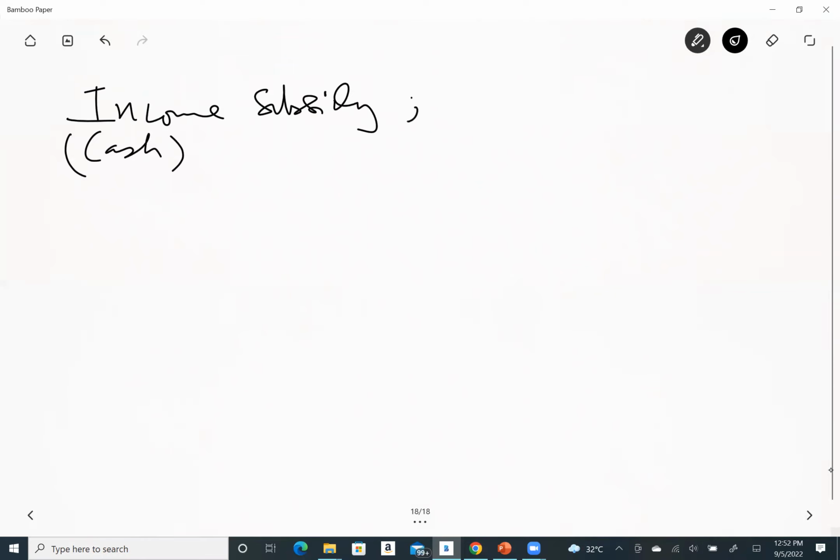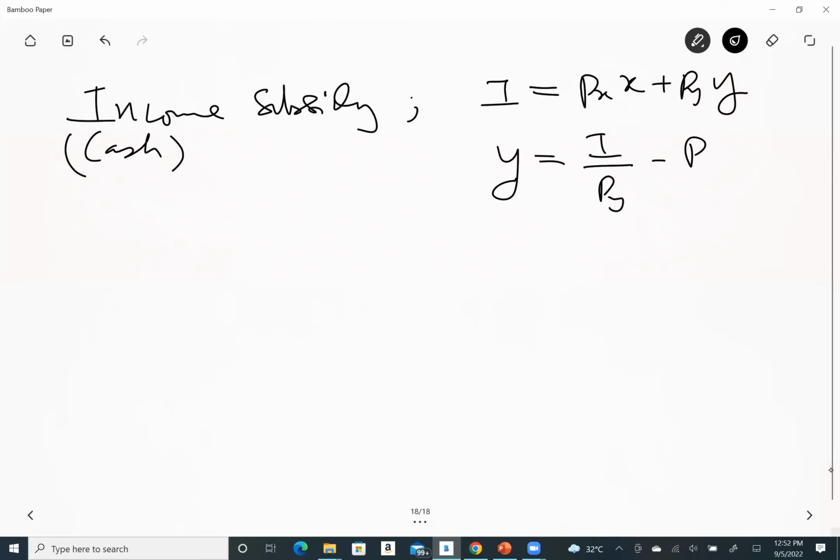So if you go back to our budget line, I equal to PX X plus PY Y, or Y equal to I over PY minus PX over PY X. The subsidy is given in terms of cash.